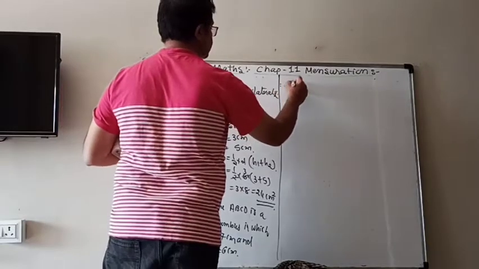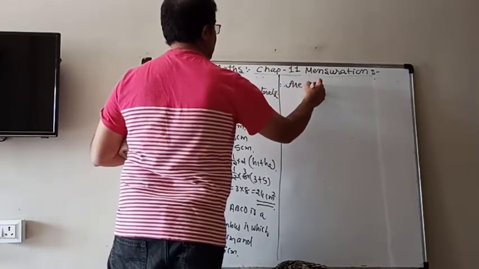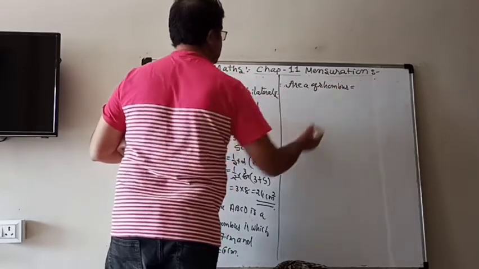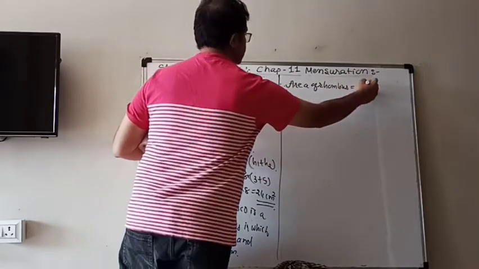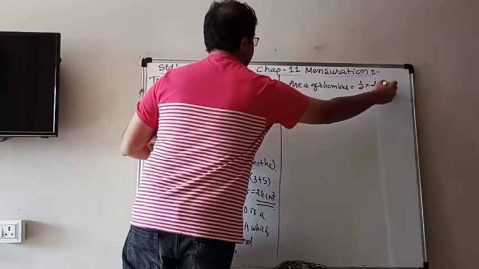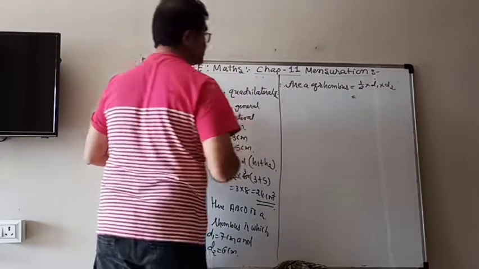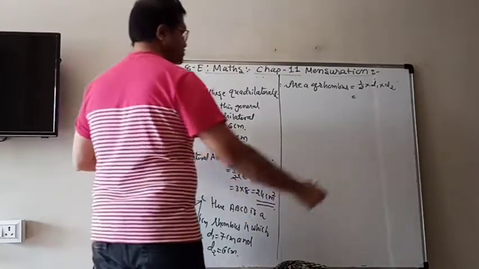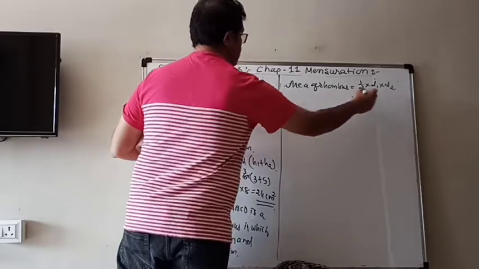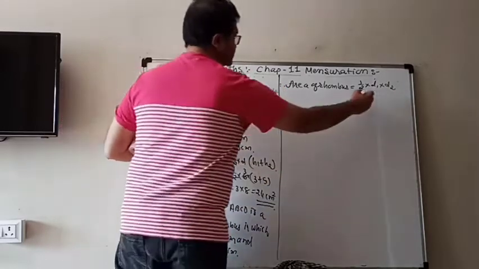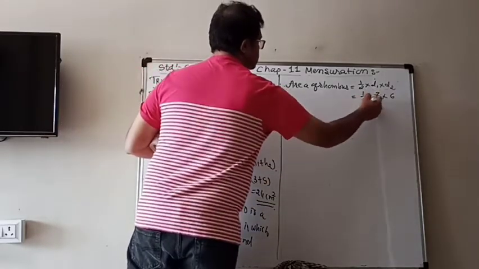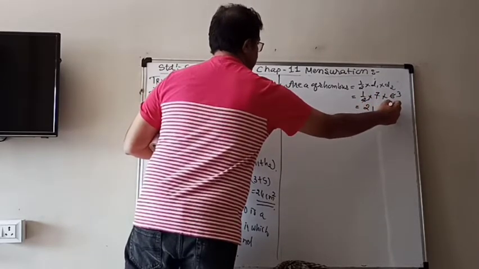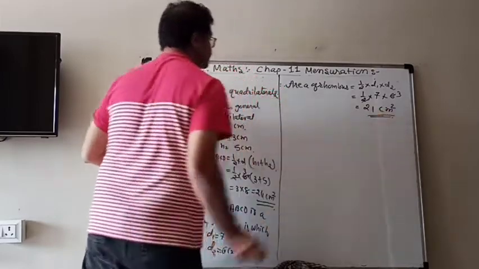Therefore, the area of the rhombus is equal to half into D1 multiplied by D2, meaning half of the product of both diagonals. So half into one diagonal is 7, the other is 6. 2 3s are 6. So 7 3s are 21 centimeter square.